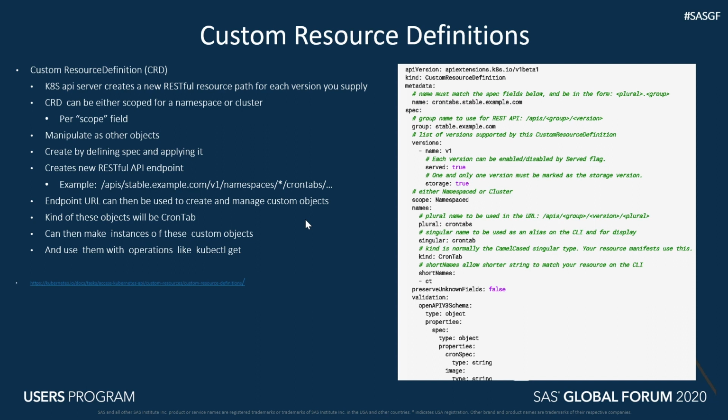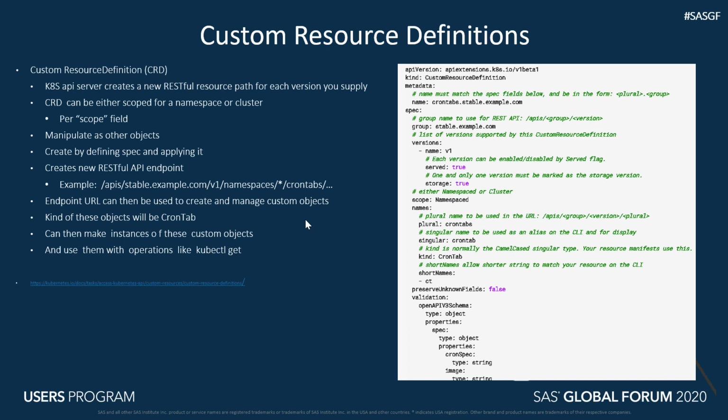It'll look familiar at the top: API version, a kind, metadata, and a spec associated with it. The Kubernetes API server creates a new RESTful resource path for each version you supply, the REST interface. The CRD can be scoped either for the namespace or the cluster, similar to how we talked about the RBAC stuff. And it has a scope field in it as well.